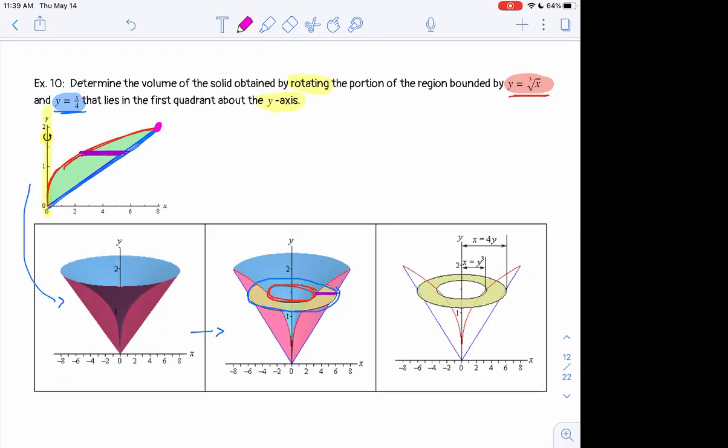Would it be 4y minus y to the third? Yeah, but what is that at that point? Like, give me a number. I don't know in that case.